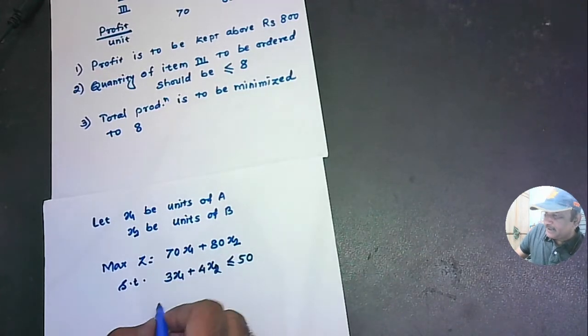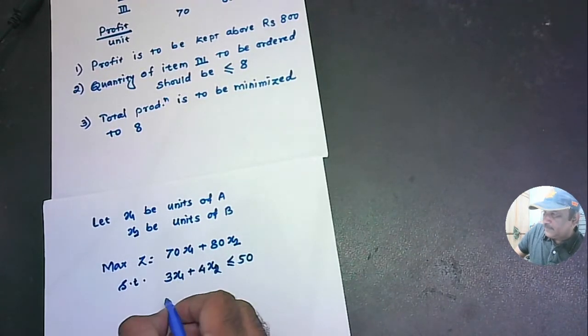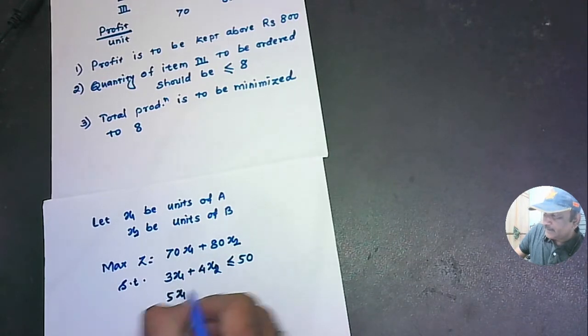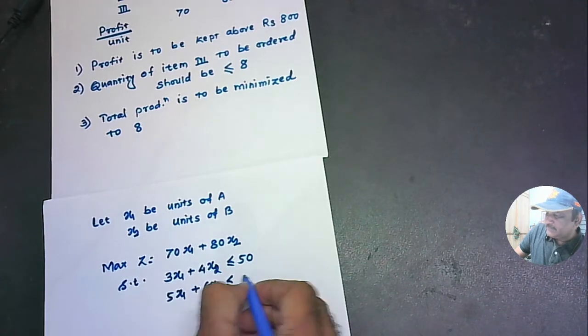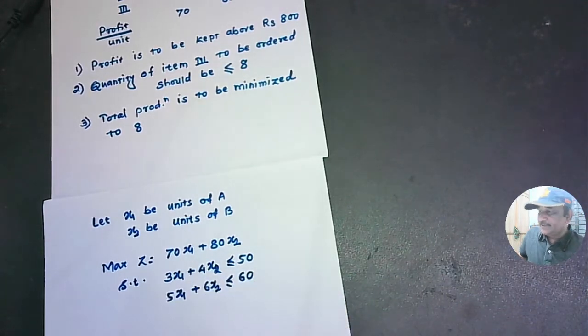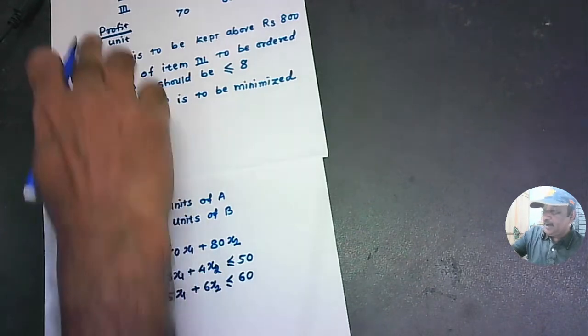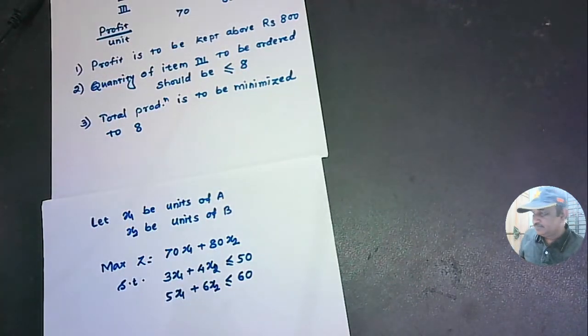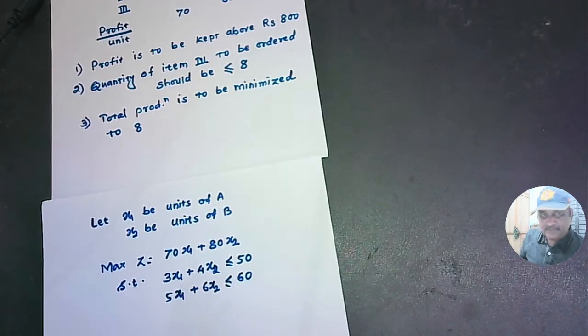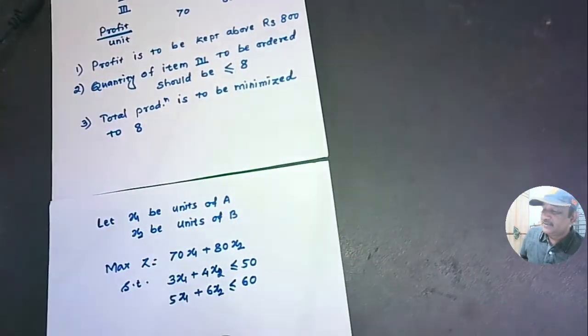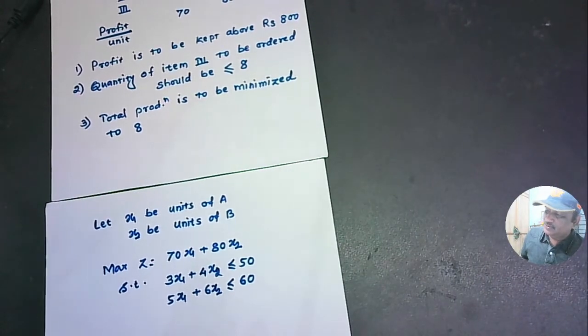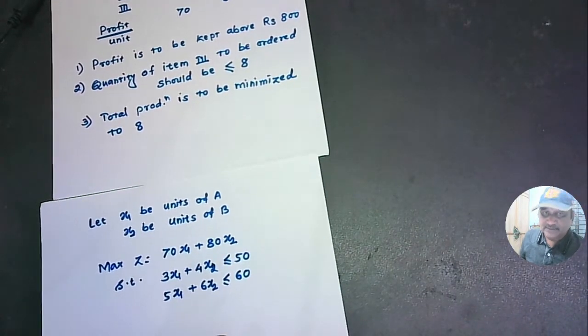Another constraint for chemical 2 will be 5x1 plus 6x2 less than or equal to 60. And then about chemical 3, it is required by product A, and not required by product B. And about availability, there is a mention here that the quantity of item 3 to be ordered should be less than or equal to 8.